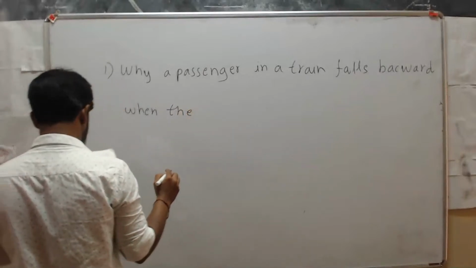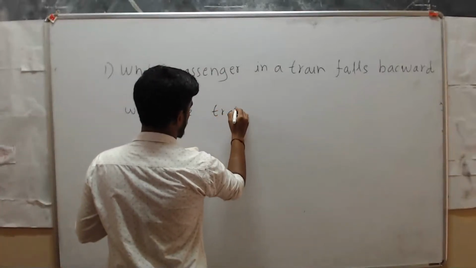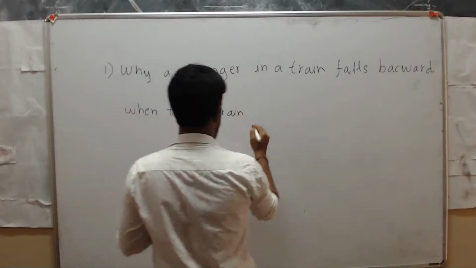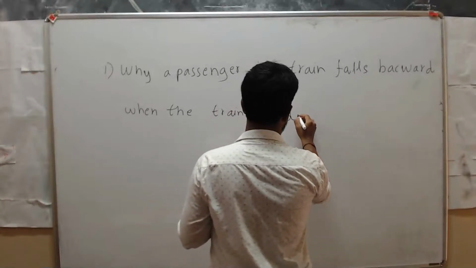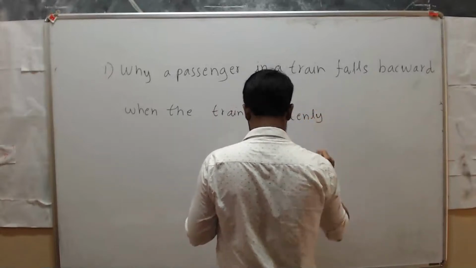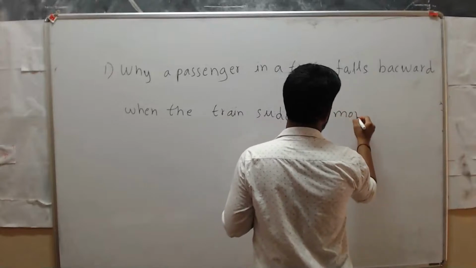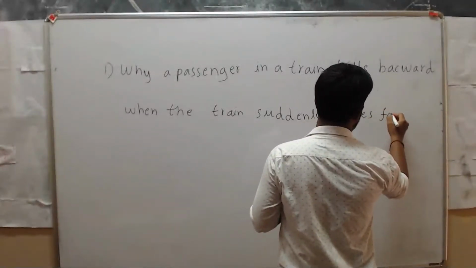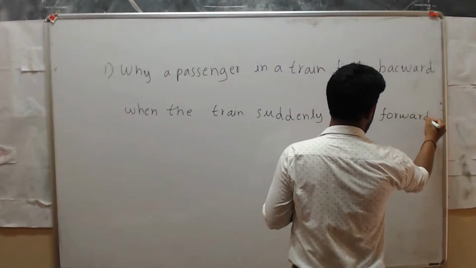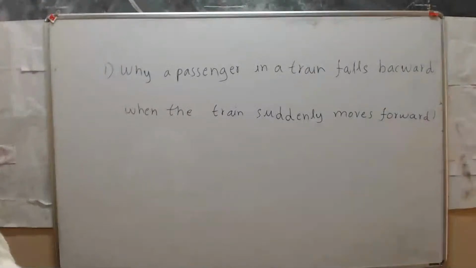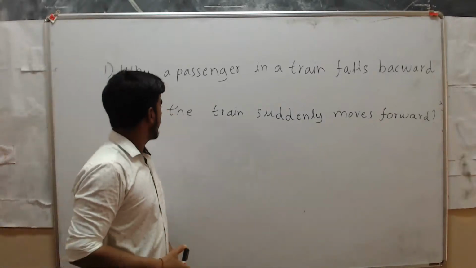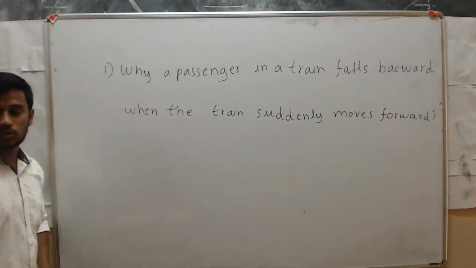Okay, see, your question is here. Why does a passenger in a train fall backward when the train suddenly moves forward?